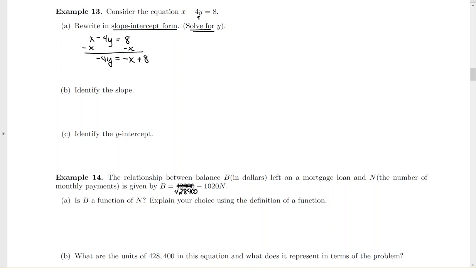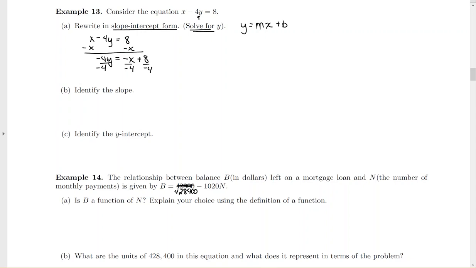You could also write that as 8 minus x. Means the same thing. Divide both sides now by negative 4. And when I do that, I'm going to split it up because I want it in this form, y equals mx plus b, two separate terms. So I'm going to keep the two separate terms and divide everybody by negative 4.